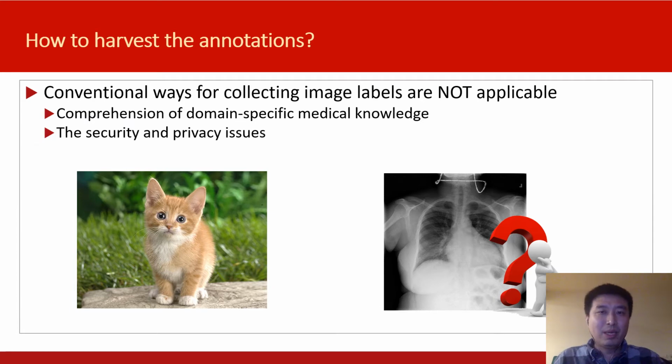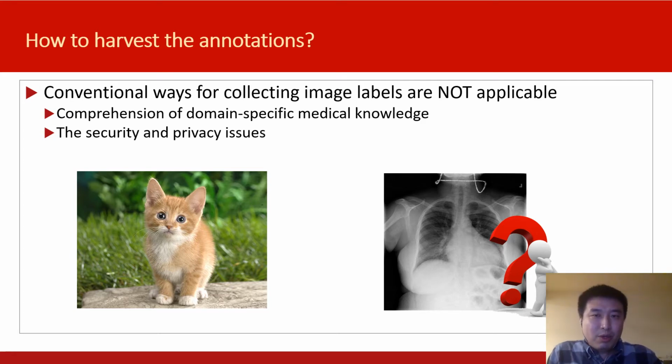Number one, it usually requires domain knowledge to annotate medical images. For example, when you see the chest X-ray on the right, I guess unless you are a physician or a radiologist, fewer people will know whether there's a cardiomegaly in the chest X-ray.